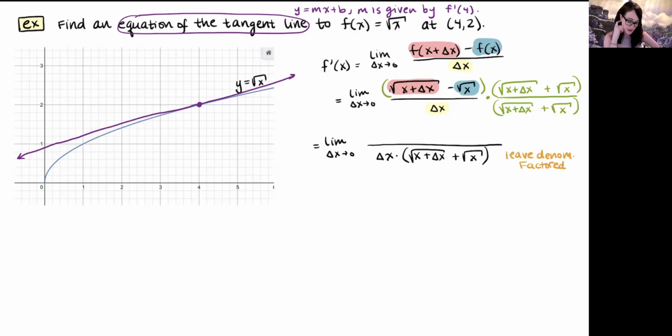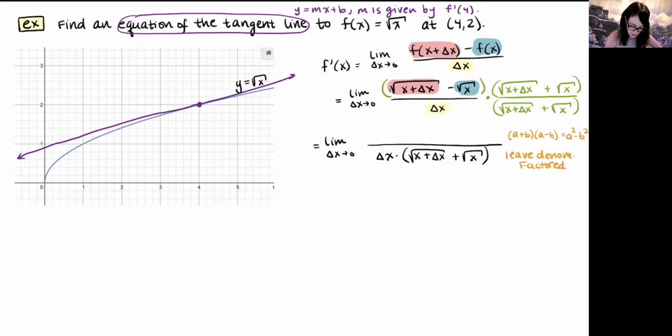Now remember, when you multiply a thing by its conjugate, this is actually a factorization of a difference of two squares. So the idea with the numerator, when you multiply something by its conjugate, you square the first thing, the middle term cancels out, and then you subtract the square of the second thing.